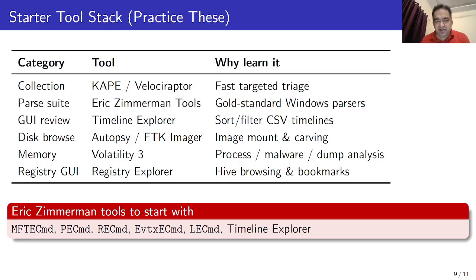Highlighted are the EZ tools: MFTECmd, PECmd, RECmd, EvtxECmd, LECmd, and Timeline Explorer. For example, lab task: use KAPE target basic collection, then feed Prefetch to PECmd and EVTX to EvtxECmd, open both CSVs in Timeline Explorer, and filter to the suspect username.